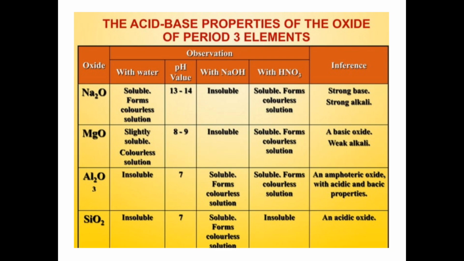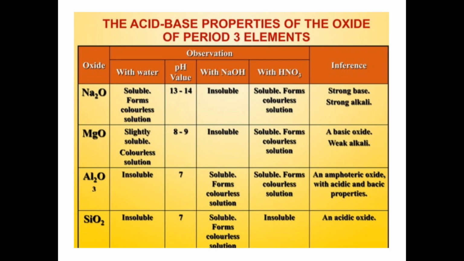And then the sodium oxide can react with NaOH. It can react with NaOH to form an insoluble product, and can also form a soluble colorless solution with HNO3. That shows that it is a strong base and a strong alkali.